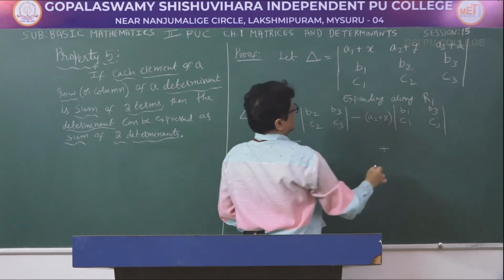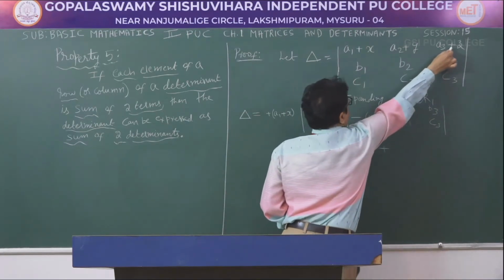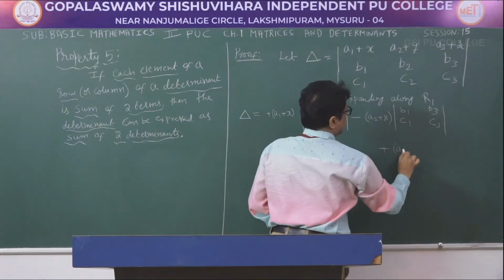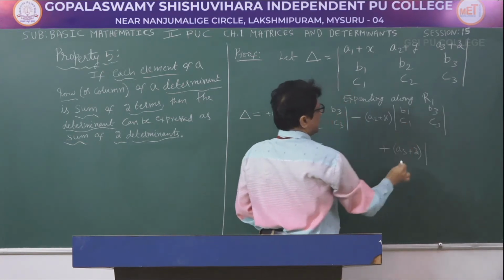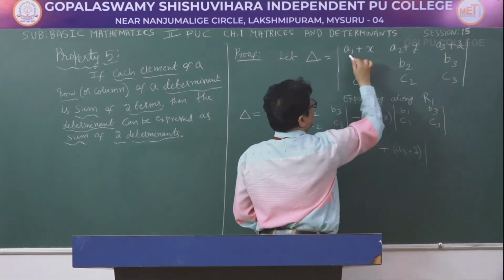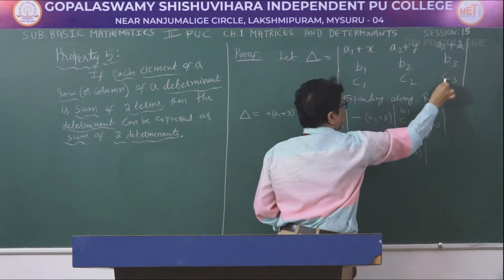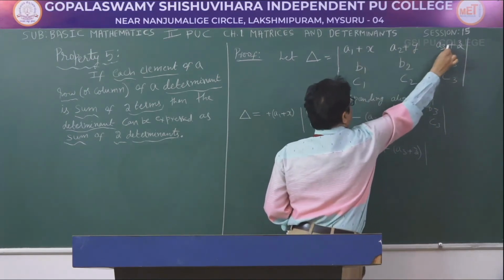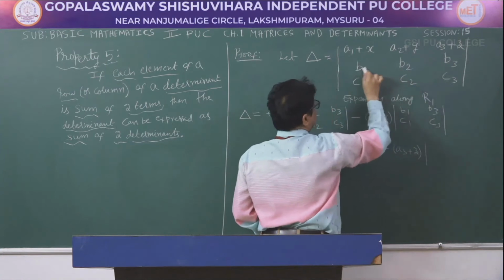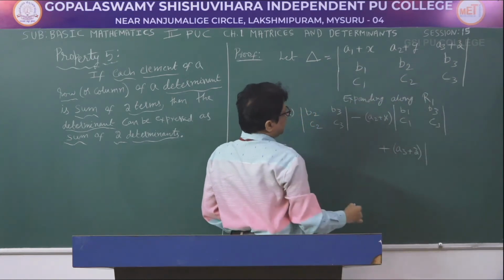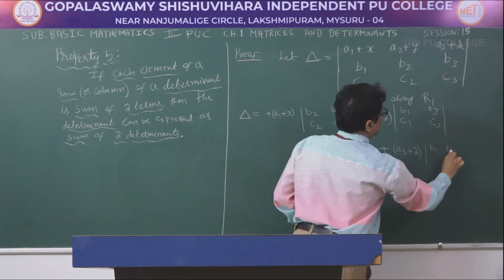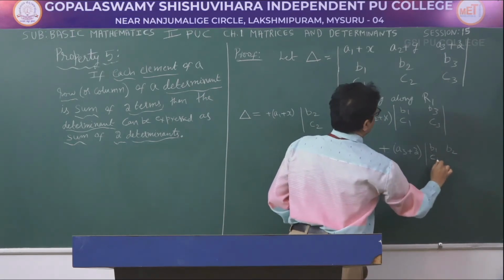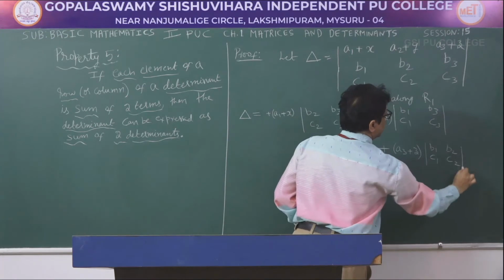Next plus, the next element is a3 plus z, which lies in the first row, third column. We eliminate the first row and third column and take the determinant of the remaining elements, that is b1, b2, c1, c2.